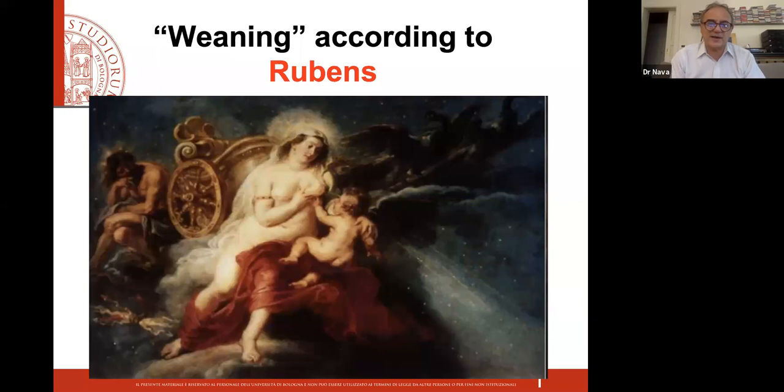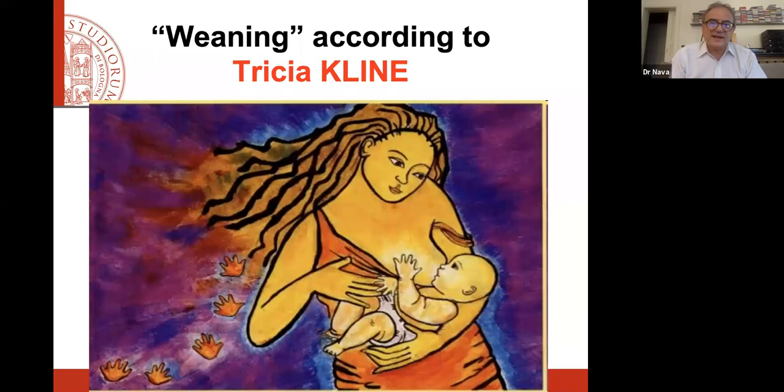Everyone can recognize the baby, the mother, the breast. Later on, Tricia Klein painted weaning according to a different view. You can still recognize, however, baby, mother, and breast, obviously in a different manner.